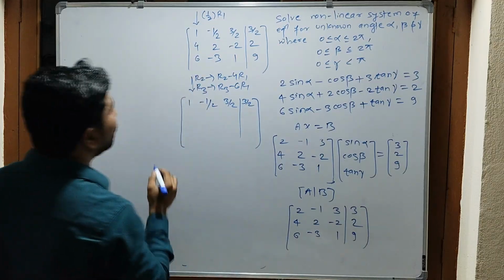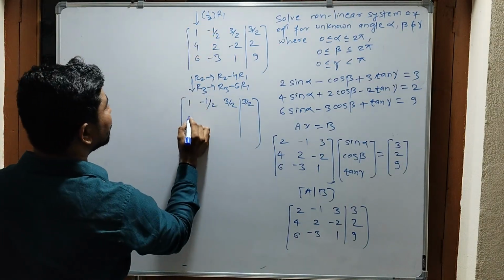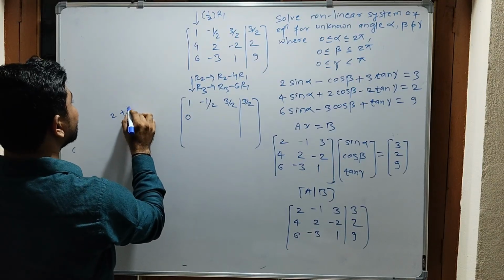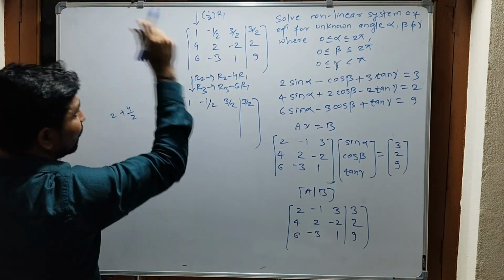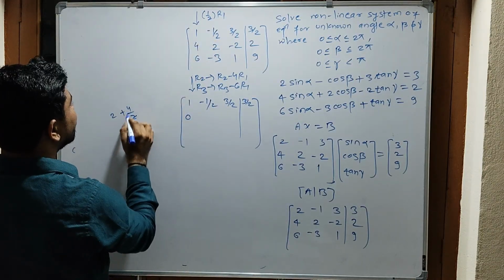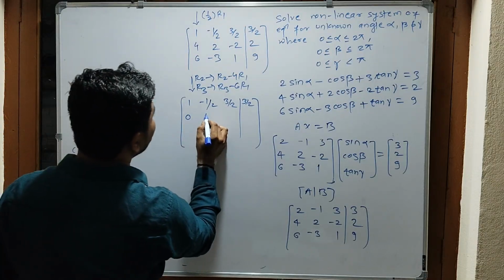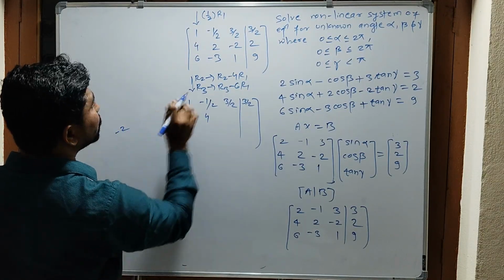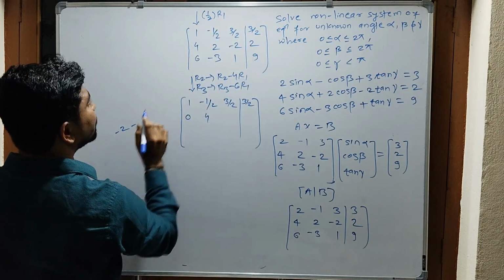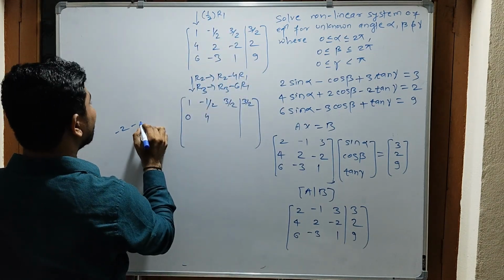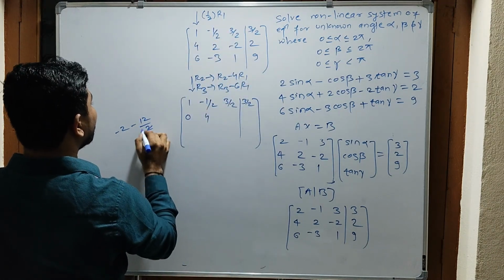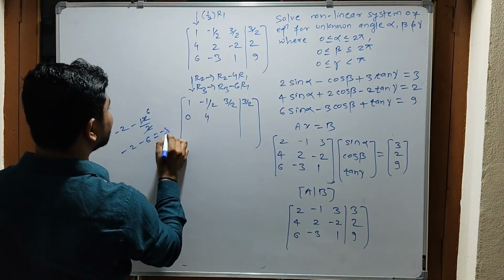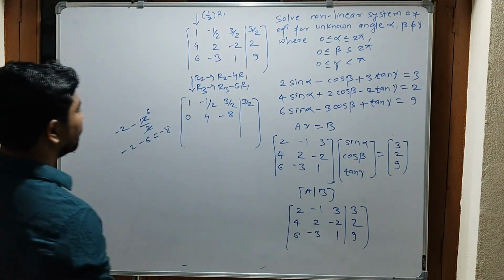Now my second row: 4 minus 4 times 1 is 0. Then 2 minus minus 4 by 2, that is 2 plus 2, which is simply 4. Now calculate this entry: minus 2 minus 12 by 2, that is minus 2 minus 6, which is minus 8.